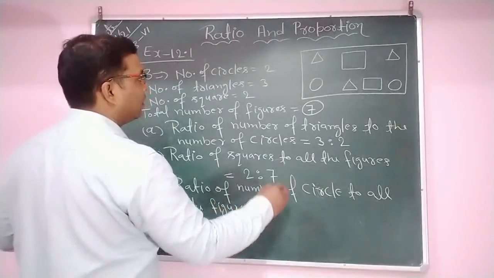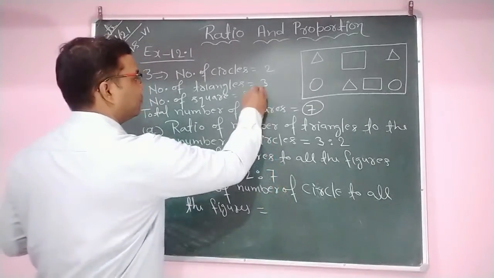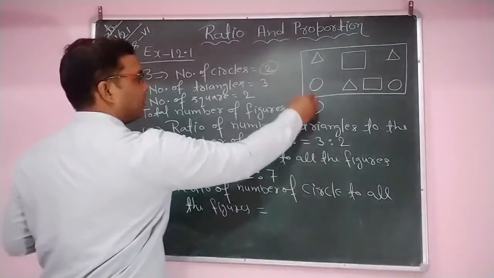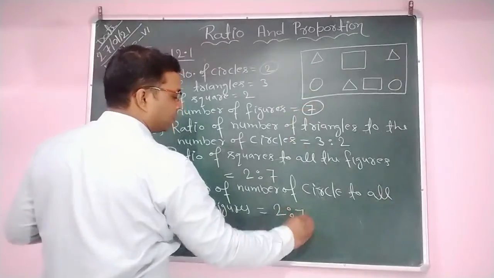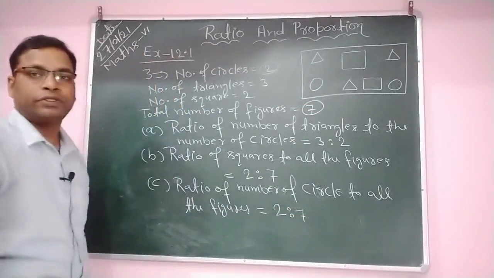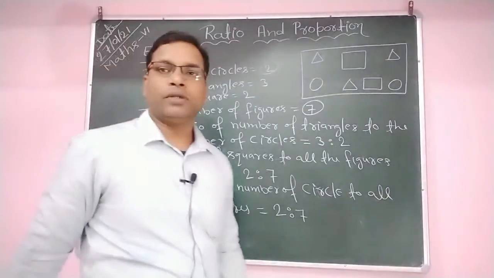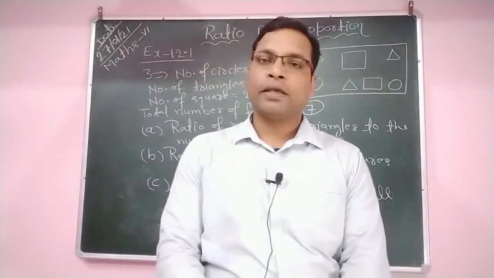So again write the required ratio of the number of circles to all the figures inside the rectangle. The number of circles is again 2, as you can see here, and all figures is 7. So it becomes 2:7. This is clear? Students, I hope all of you understood this question.